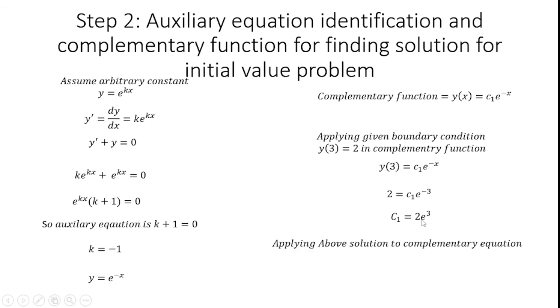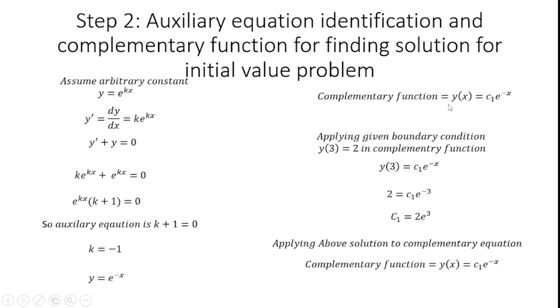After that, I got the c1 value from the boundary condition substitution in the complementary function, and from this solved c1 value I can substitute again in the complementary equation.